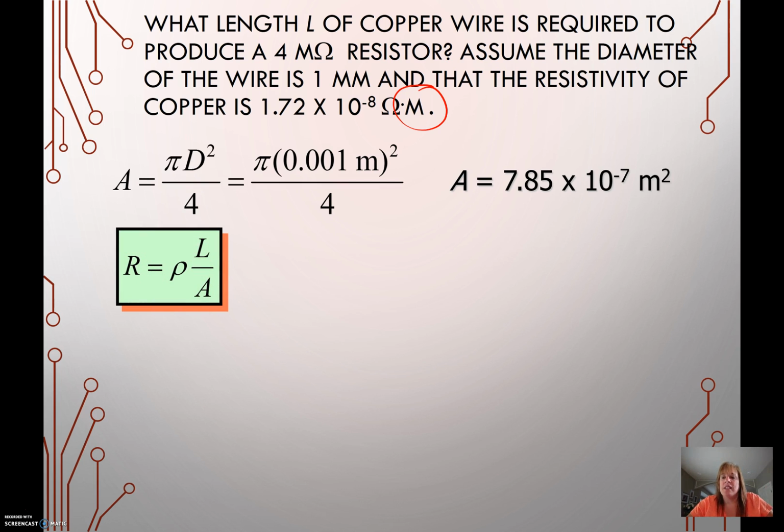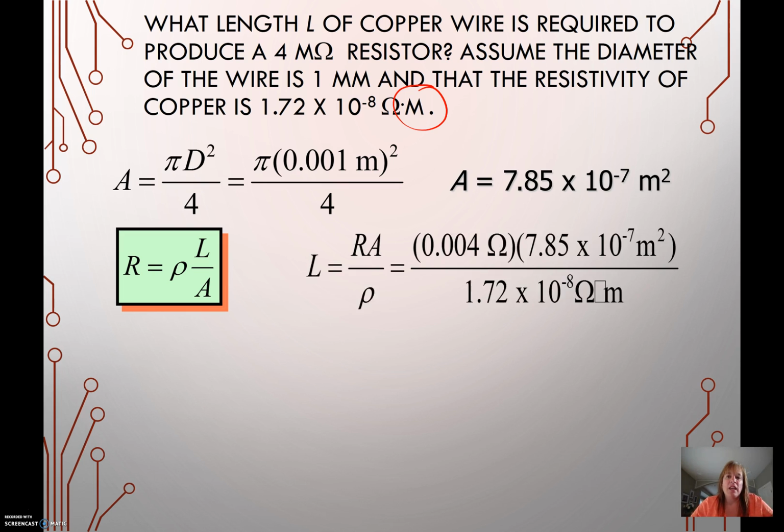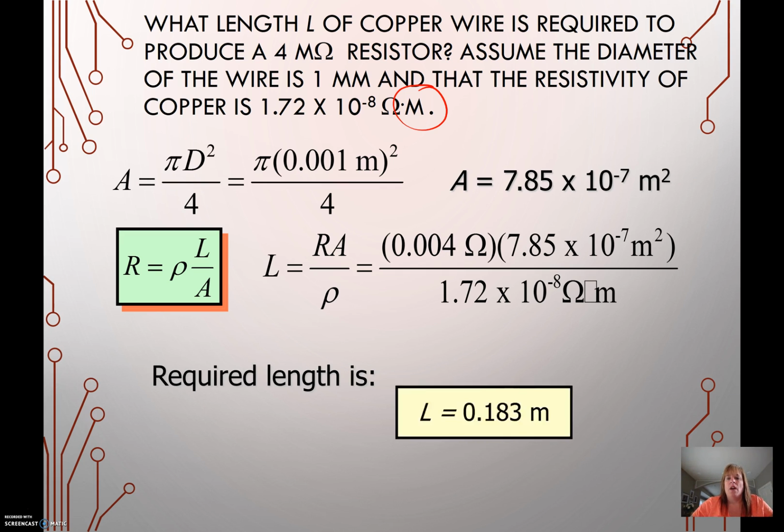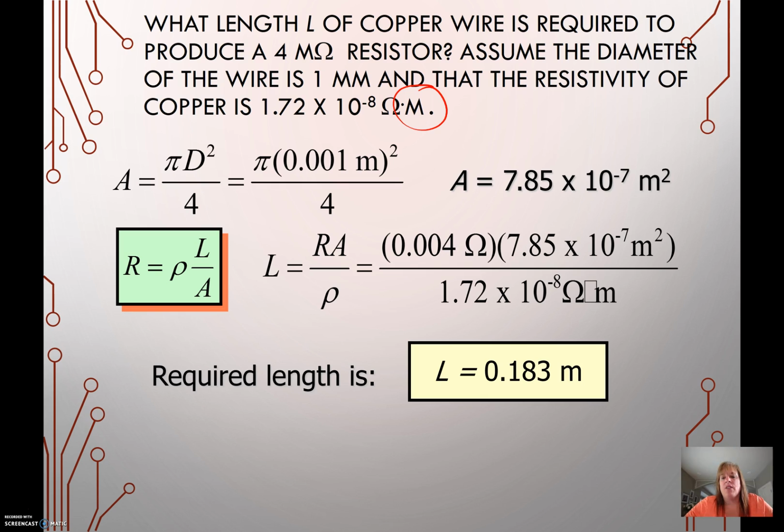Now we can plug this into our resistance equation. We got to do some rearranging. We have the resistance, that 4 milliohms. We're going to multiply that by this area and divide by the resistivity value of copper to get length. When we do that, our length is 0.183 meters.